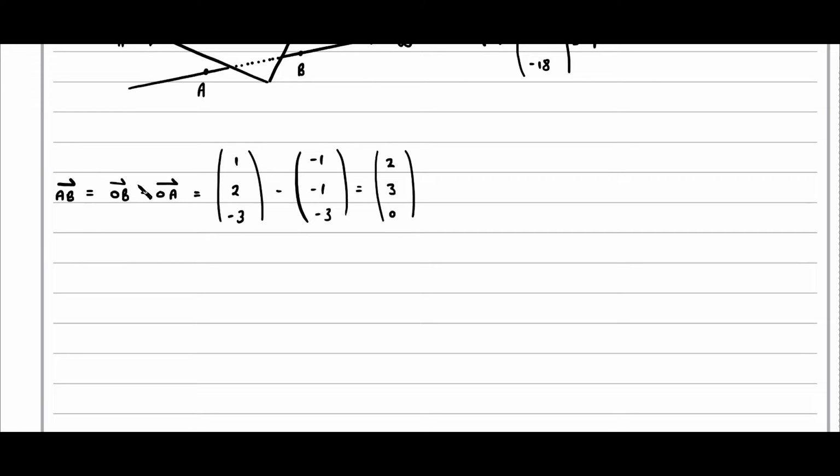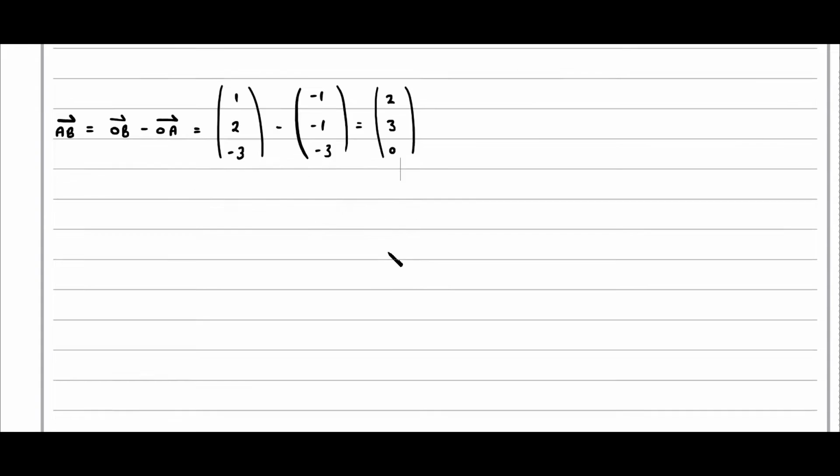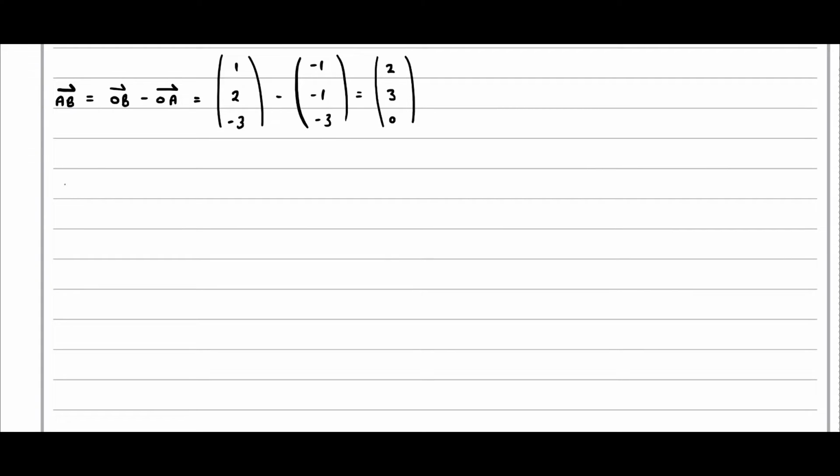And therefore, the acute angle will be given by sine theta equals the modulus of b dot product with n over the magnitude of b times the magnitude of n.